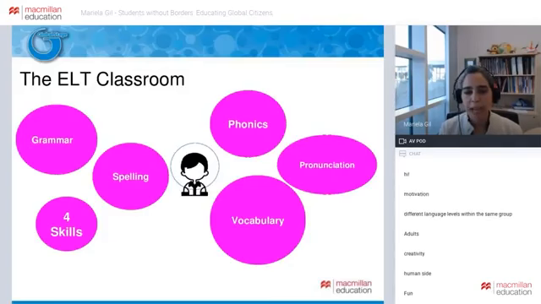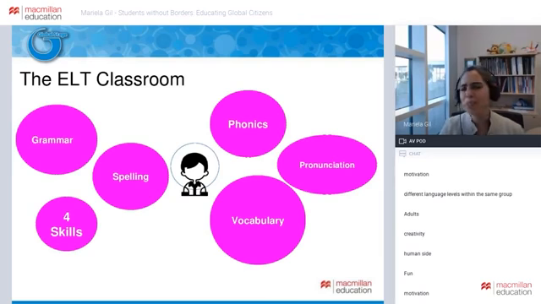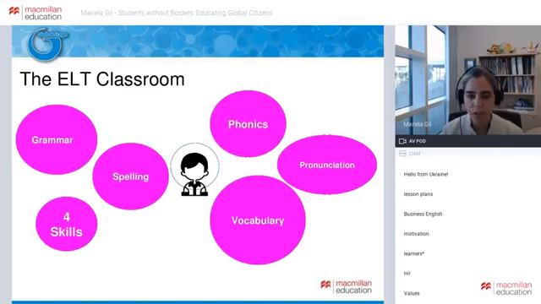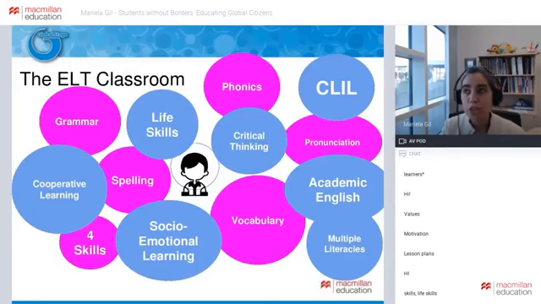So as you can see, I just put some bubbles on screen. These are just some of the things that are a given. We deal with grammar, with teaching spelling, with teaching phonics, pronunciation, vocabulary, the 4 skills. And then on top of all of the natural English-related aspects of teaching, we're also juggling so many things that we're aware of as English language teachers.